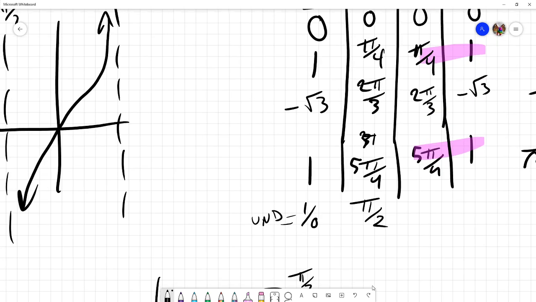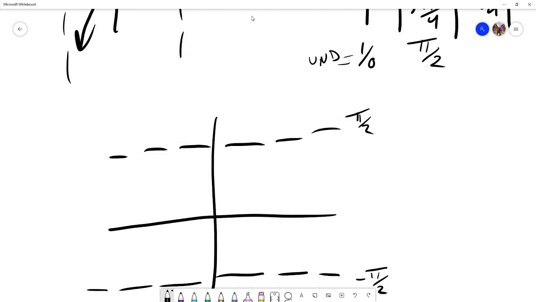So we can note we had 0. At 1, we had pi over 4, so that's this right here. Now, how do we get a negative 1 though?